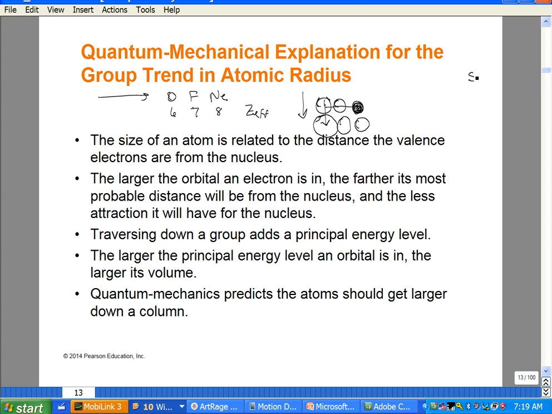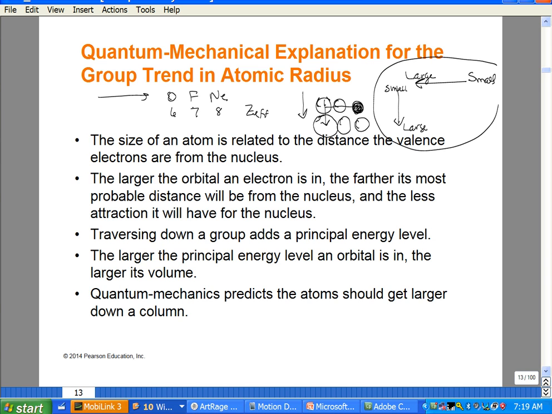So I'm going to do small to large in a row and small to large in a column.